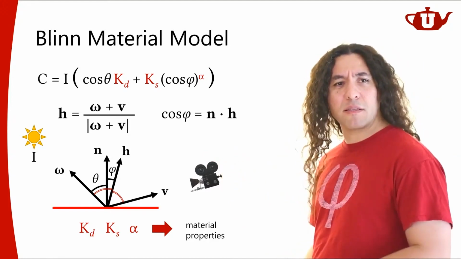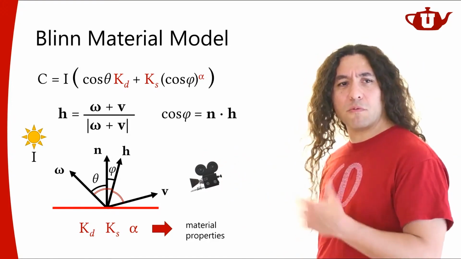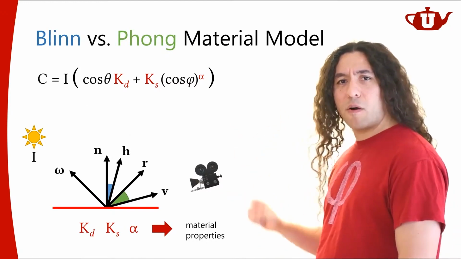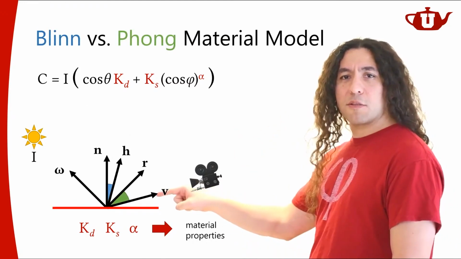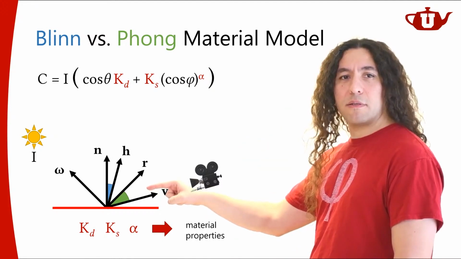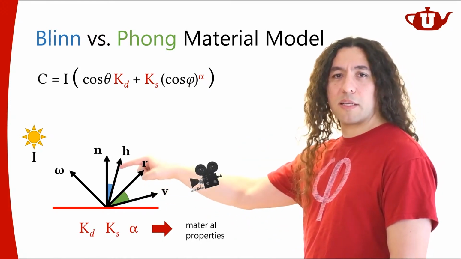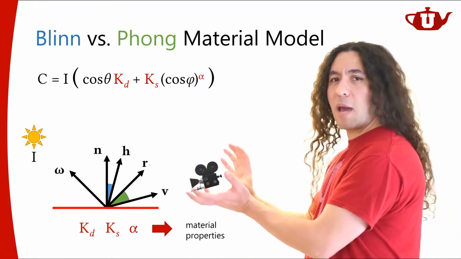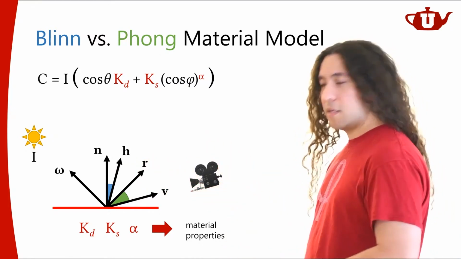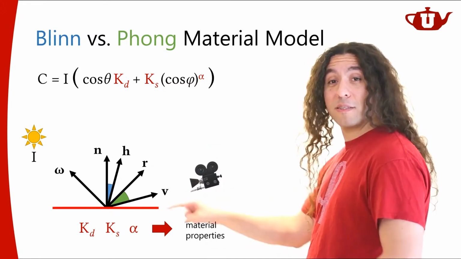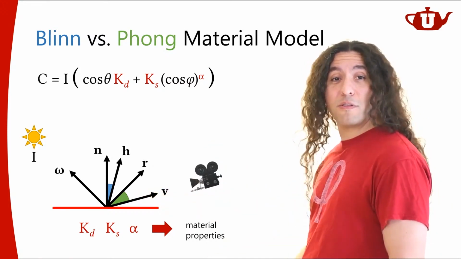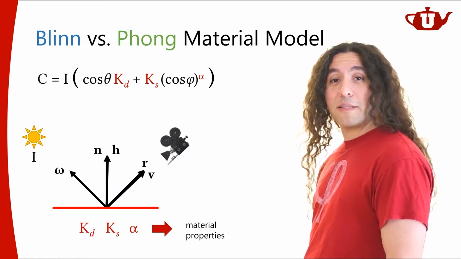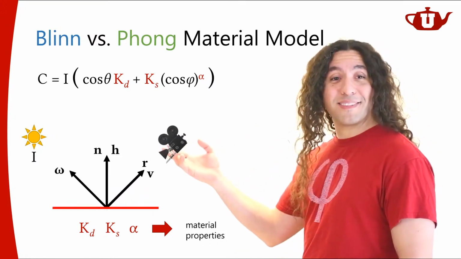So let me try to show you a little bit of an intuition of what's happening here. If you compare the Blinn and Phong models, the Phong model is looking at this angle over here, right? And the Blinn model is looking at this angle over here. So if I take my camera and move it towards the perfect reflection direction, this angle is going to disappear. It's going to go to 0, and so will the other angle.